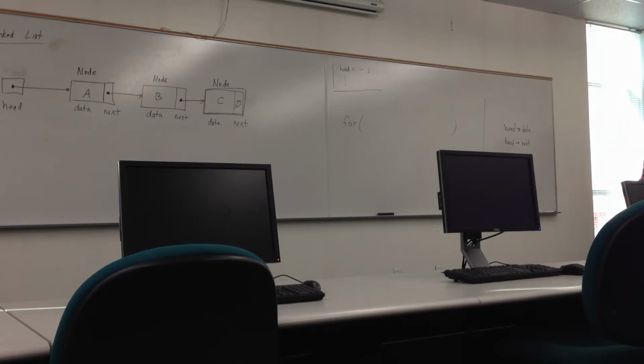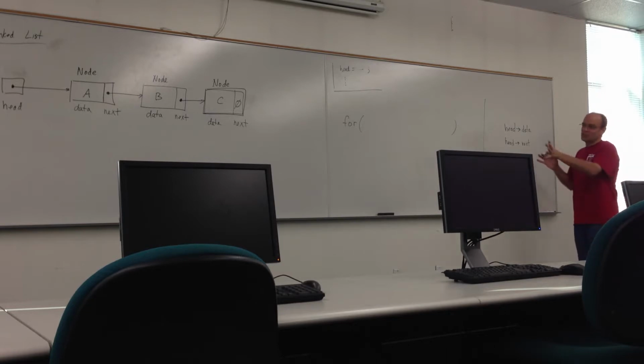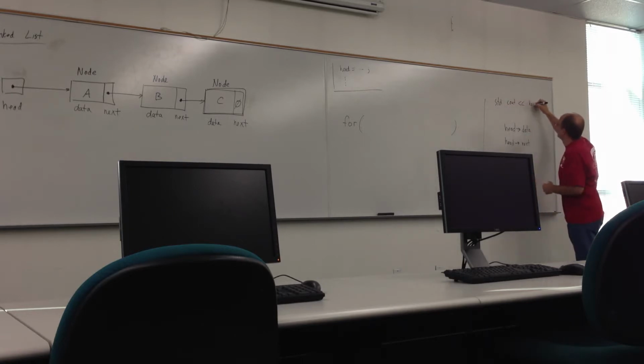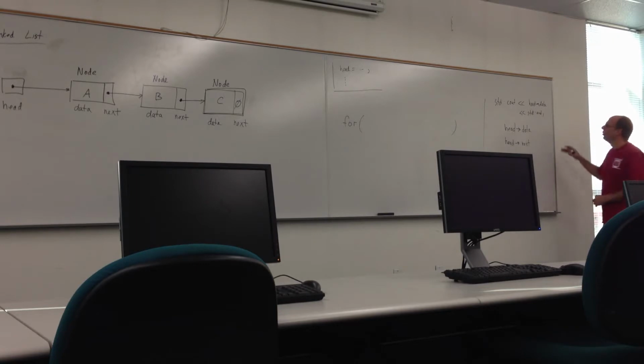If I were just going to display the contents there, I would do something like std::cout, head arrow data, and my endl. Assuming there is an output operator that knows how to display the data type, that would then display the data that head points to. The data part of that node.